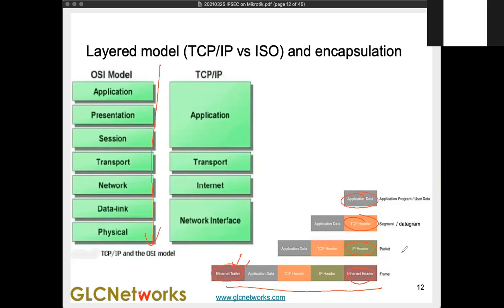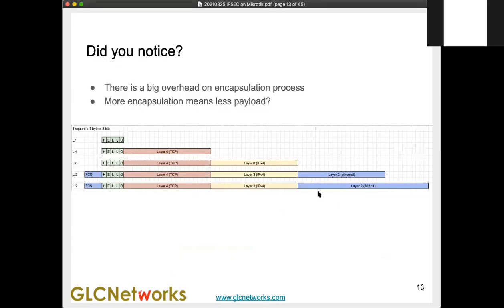And every layer has a name for its encapsulation result. For example, in layer 4, we have a segment and datagram. In layer 3, the result is called a packet, and on layer 2, it's called a frame. And as you can see, this is how the encapsulation looks like.